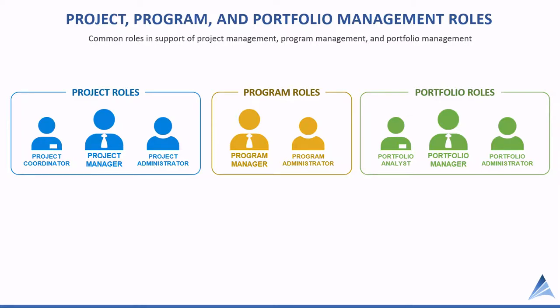Program administrator, you could consider them a program coordinator. The idea, though, is that they are providing administrative support to the program. They're not managing, quote, smaller programs. They're really supporting the program manager in many of the administrative details of that program.